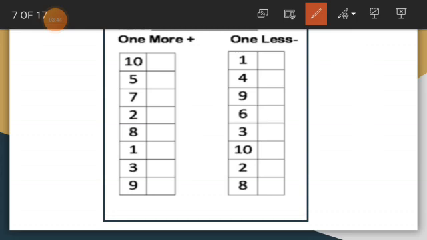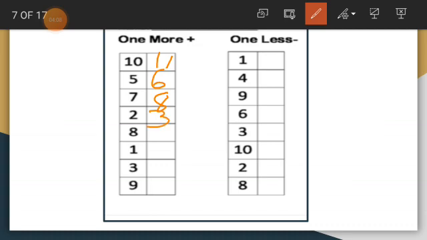You are going to add the one number in 10, like 10 plus 1 make 11. Yes, very good. Now add the one number in 5. 5 plus 1 is 6. Now add the one number in 7. What will come? 8. One number in 2. What is the answer? 3.